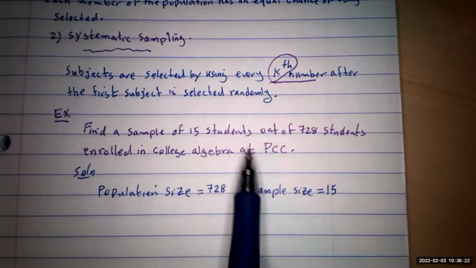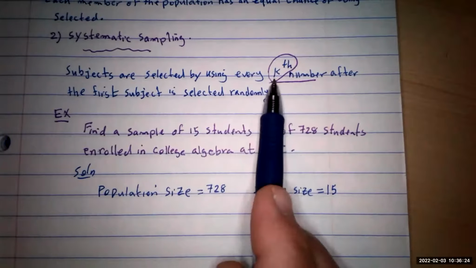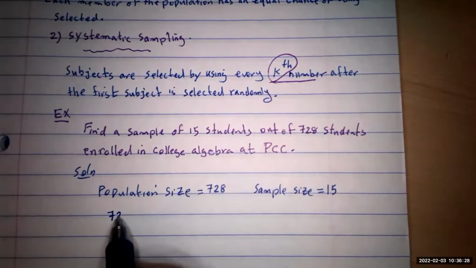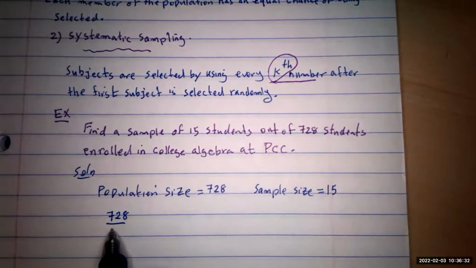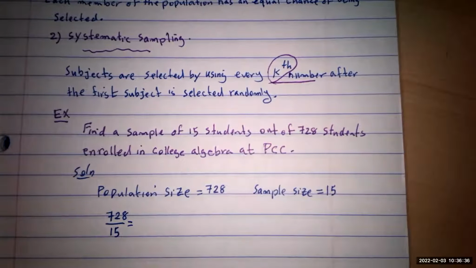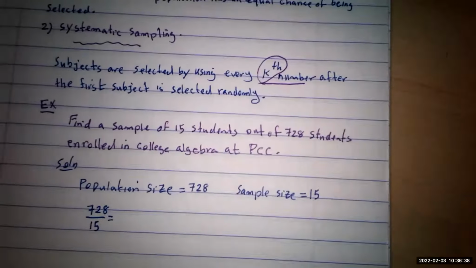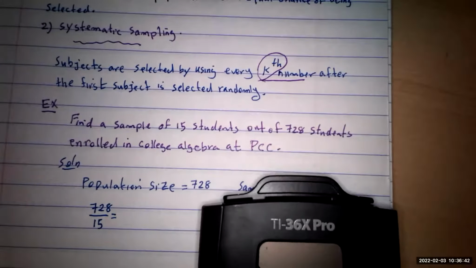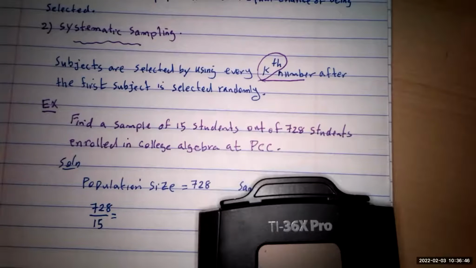So in order to find out this K that you're going to use, you divide 728 by 15 to give you a range that's going to be possible to pick these numbers. So what is 728 divided by 15?